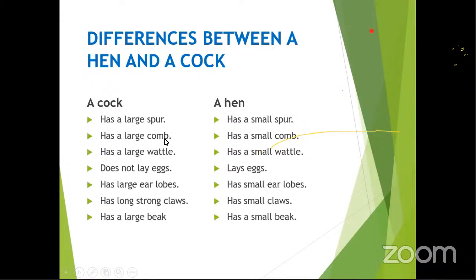So those are the differences between a cock and a hen. If I can start from down, a cock has a large beak, while a hen has a small beak. Someone was able to say that, and that's good. A cock has long, strong claws, while a hen has small claws.